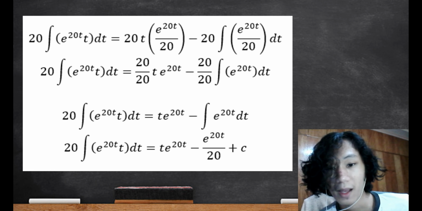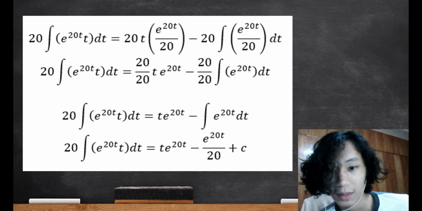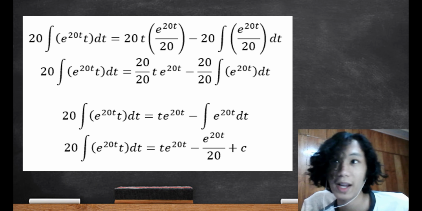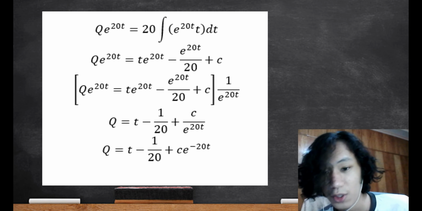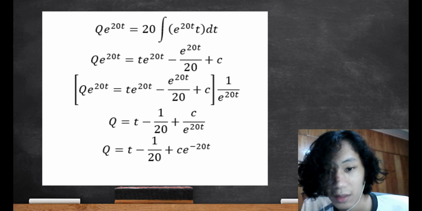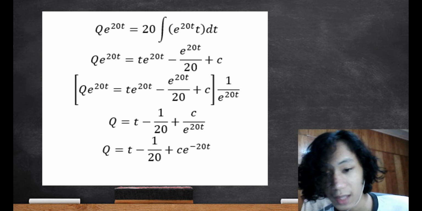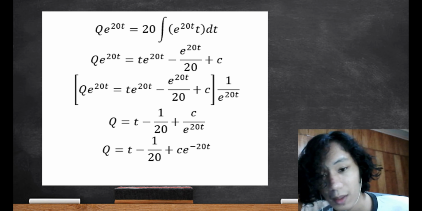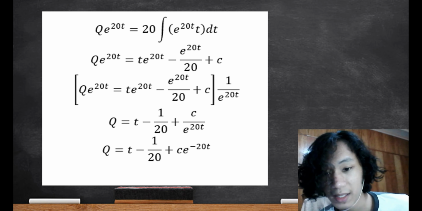We now have solved the right side of the linear differential equation. Substituting the value of it in the original equation, we get q times e raised to 20t is equal to t times e raised to 20t minus e raised to 20t over 20 plus c.